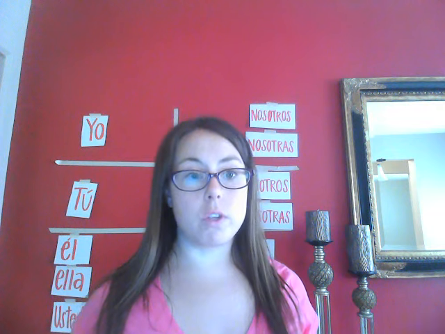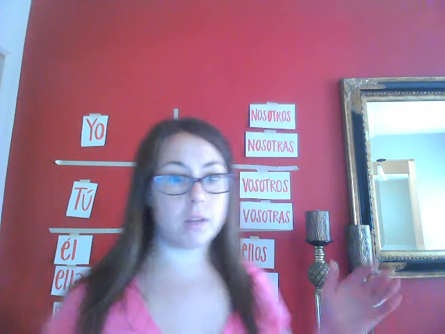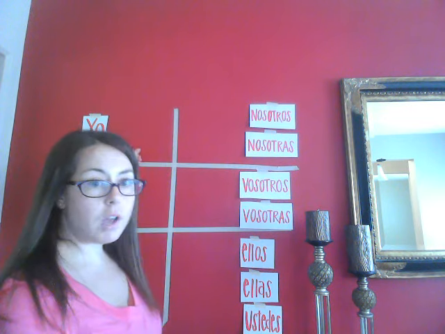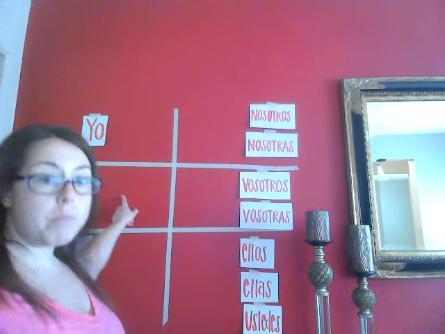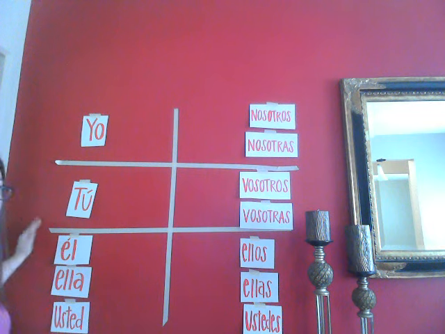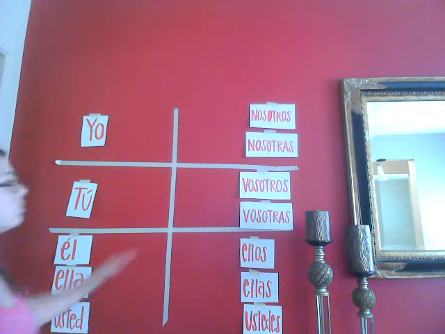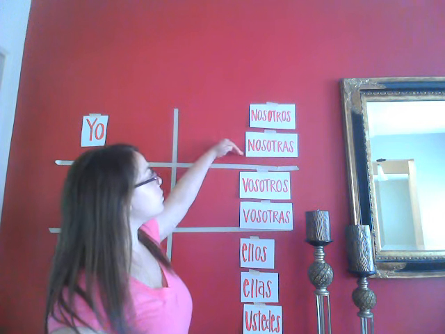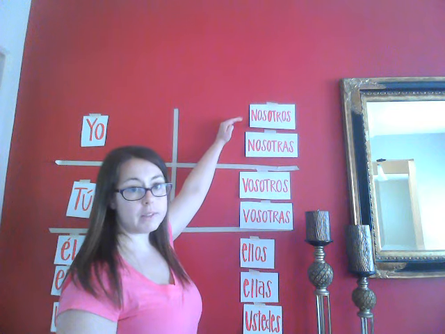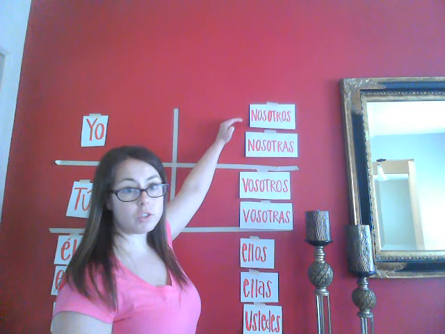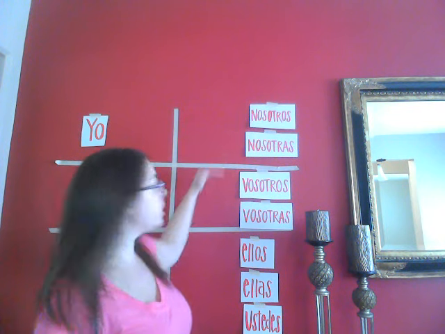So just to review what the pronouns mean, yo is for I, to talk about myself. Tú is you, familiar. Él is he, ella is she, and usted is you, formal. Nosotros and nosotras both mean we. Remember, nosotros is when it's a masculine or mixed gender group, and nosotras is feminine.